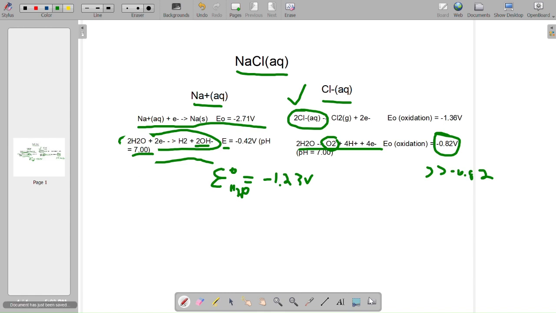So the balanced equation for this entire electrolysis reaction would be, you would have water and Cl minus. Actually, let me type this.